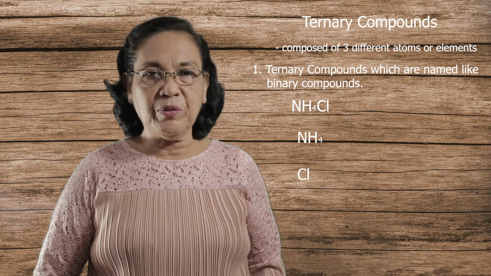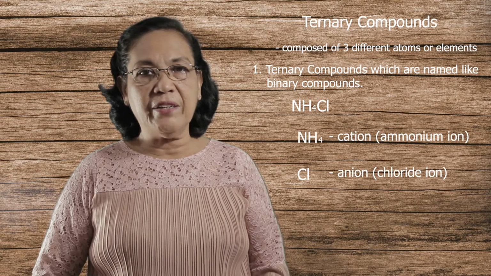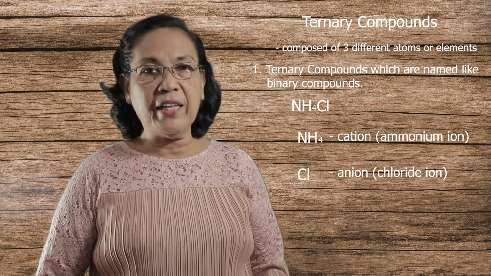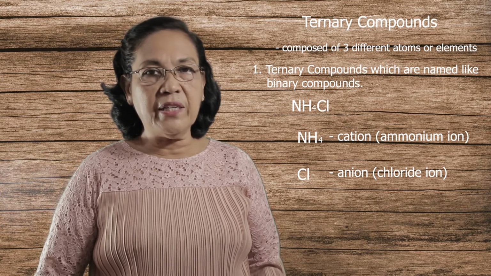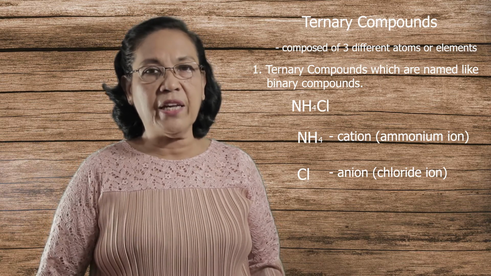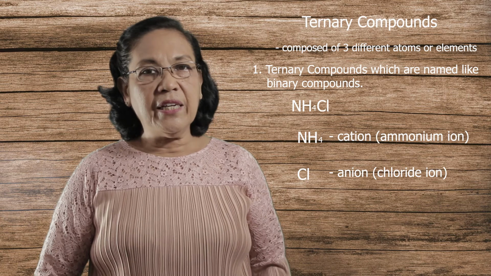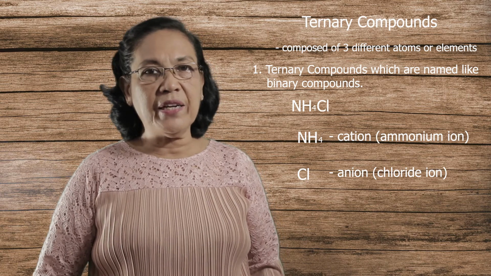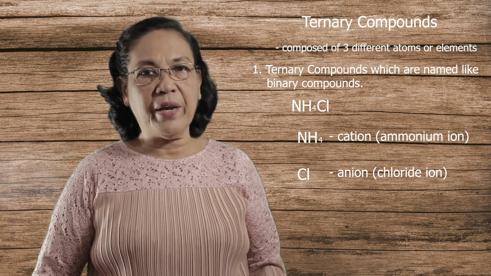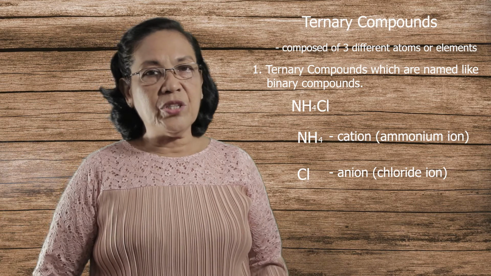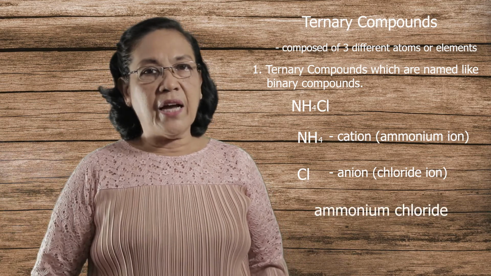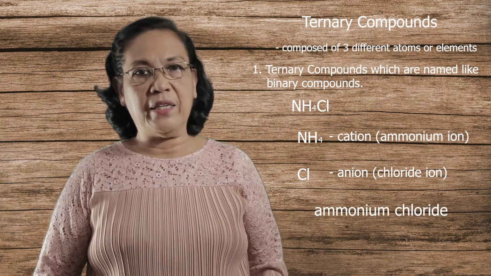Now, NH4 is the cation which is a polyatomic because there are 2 atoms composing this cation. And the anion part here is the chlorine or the chloride. So the name is ammonium chloride.